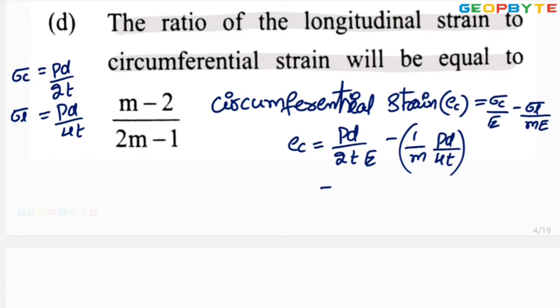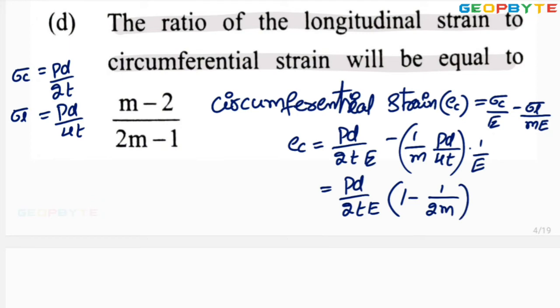You simplify this value. PD by 2T, PD by 2T, into PD by 4T, into 1 by m, 1 by E. Okay, let us write PD by 2TE outside, then it is 1 minus 1 by 2m.